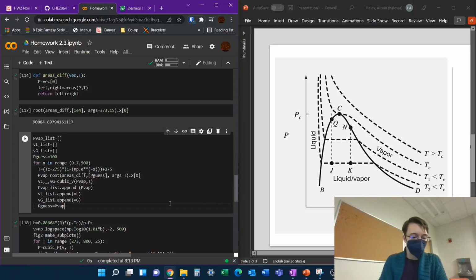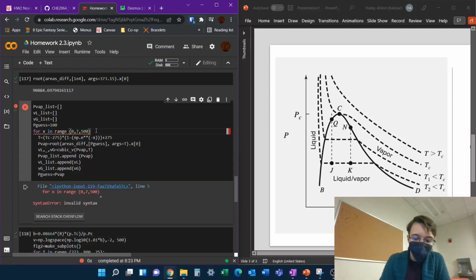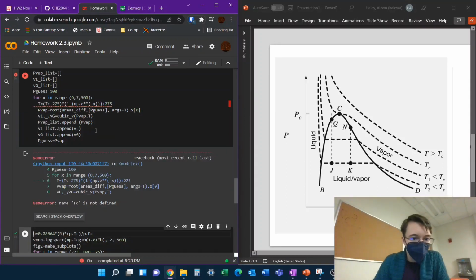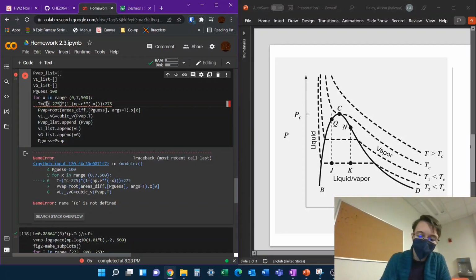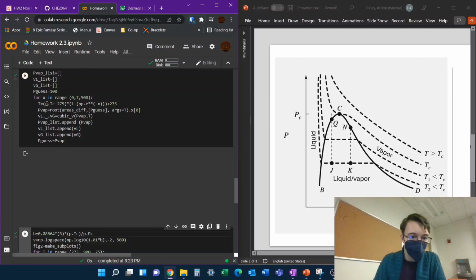All right, so next we're just going to enter that in, make sure I don't have any typos. Oh, I have one typo there. And then TC needs to be p.tc, so that's searching that library that I inputted earlier for the critical temperature.